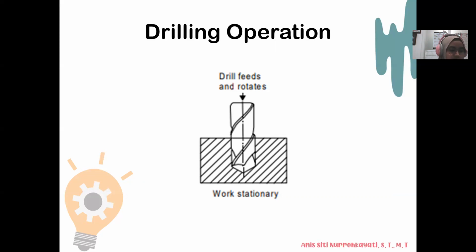The hole, depending upon its length, may be drilled in one or more steps. After the drilling operation is complete, the drill is removed from the hole and the power is turned off. So if we want a hole of a certain diameter, for example 10 millimeters, we drill the workpiece step by step.